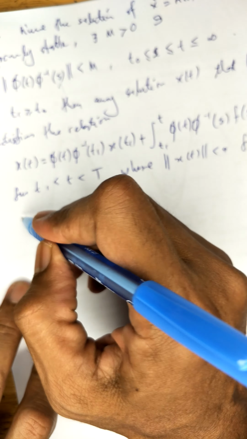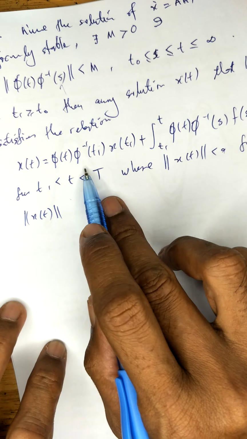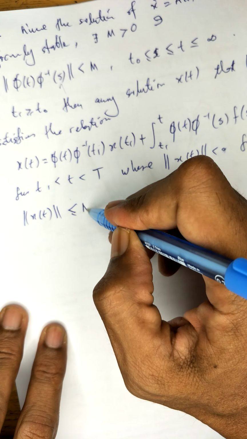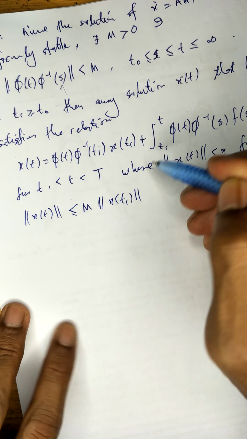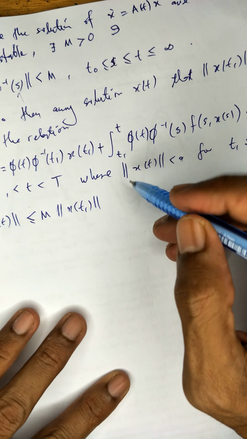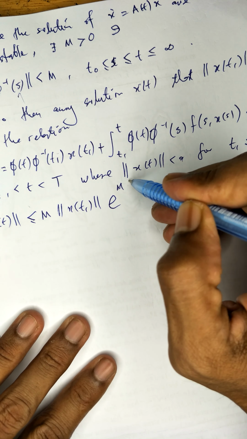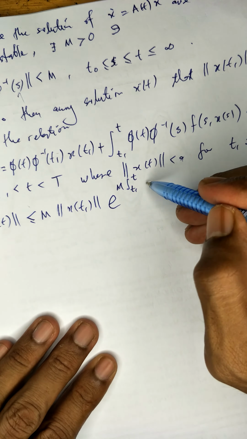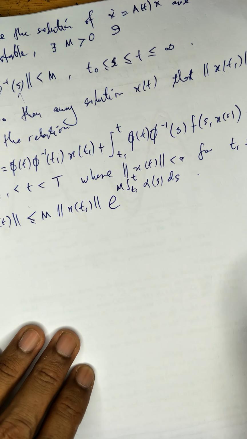So what we have, the norm of x(t) is less than the norm of this, which is less than or equal to M, then we have x(t1), and for this we have exponent of M integrate t1 to t of alpha(s) ds.